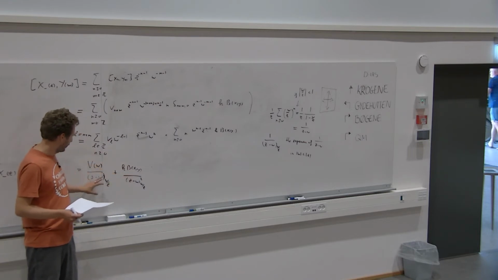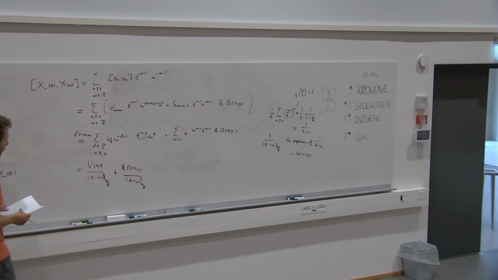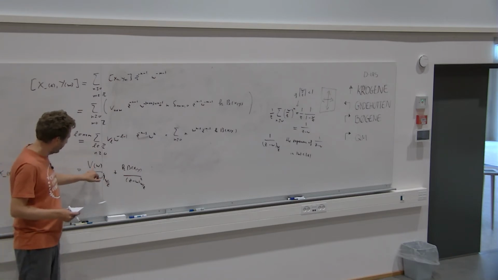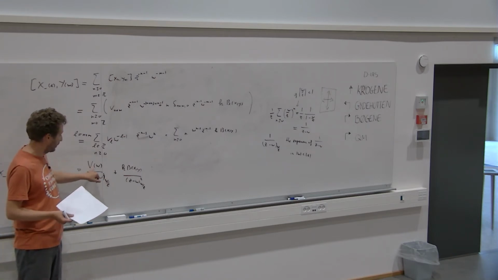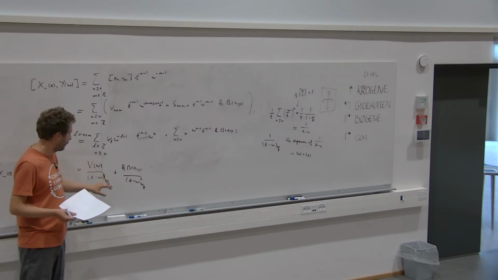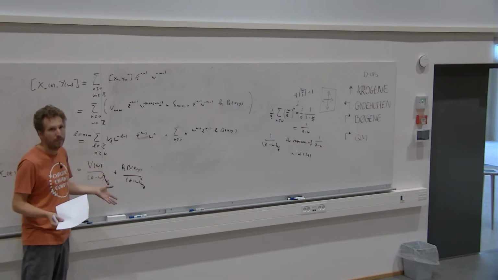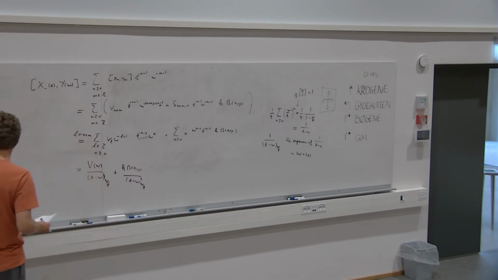In particular, this one acting on, for example, the vacuum will give us a Taylor series in W with coefficients, polynomials, and Z minus W inverse. Something kind of nice, right?